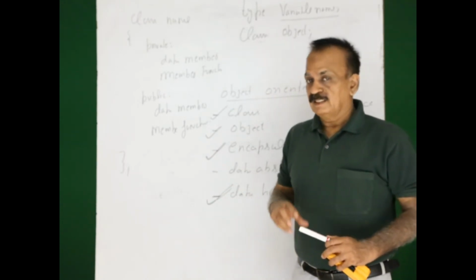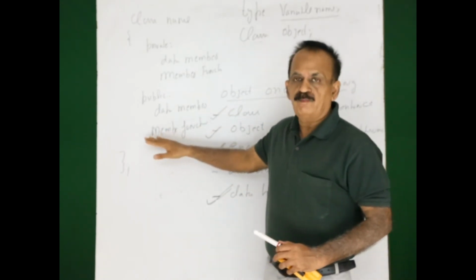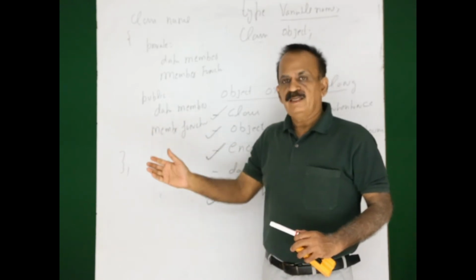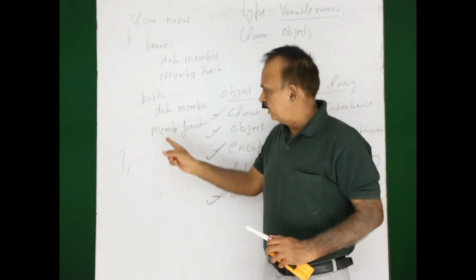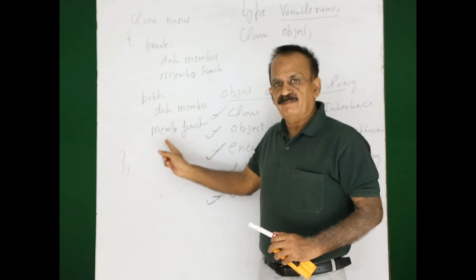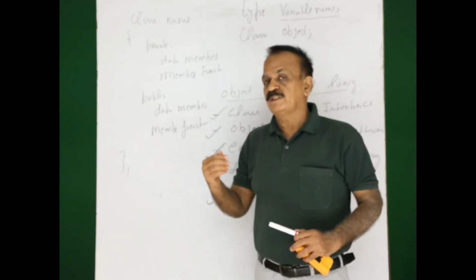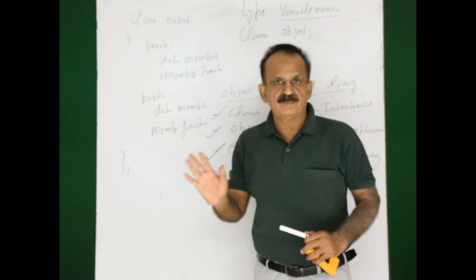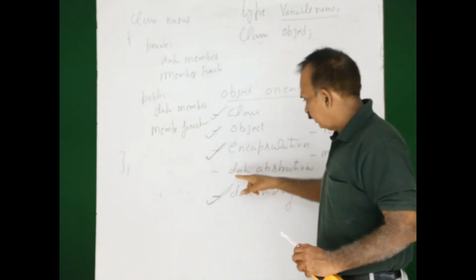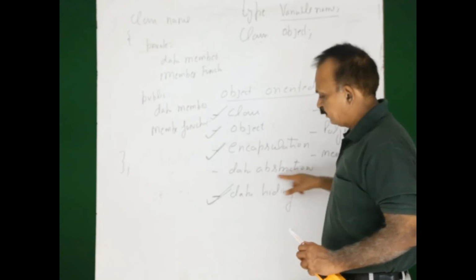In a class, the functionality is implemented in the form of member functions. When a user accesses this, the user only calls the member function. When the user calls the member function, the functionality behind the function is not visible to the user, and this is known as data abstraction.